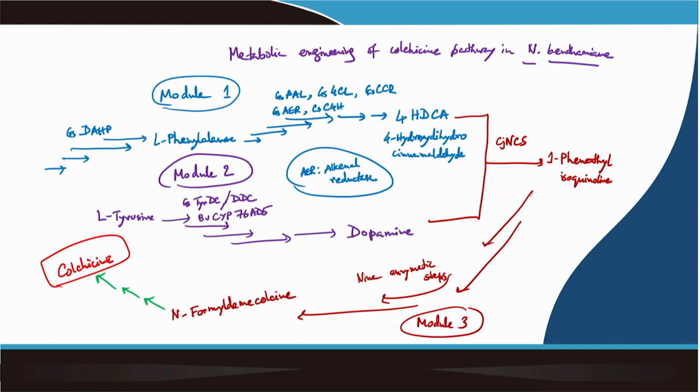So, pathway reconstitution they have done in Nicotiana benthamiana, where starting from 1-phenethyl isoquinoline until the formation of N-formyl demecolchicine. And what I said, N-formyl demecolchicine will be converted into colchicine by 3 steps, which have not yet been characterized at the molecular level, but it is confirmed that this is the near completion of the pathway.